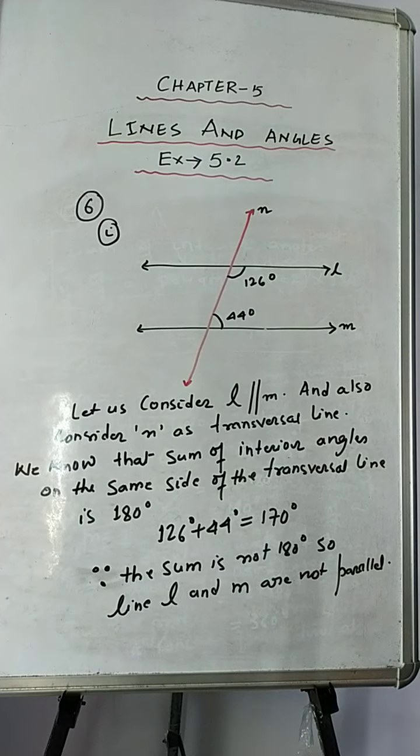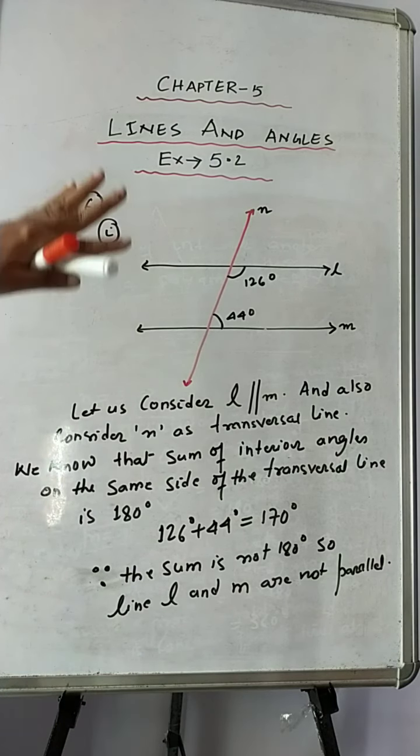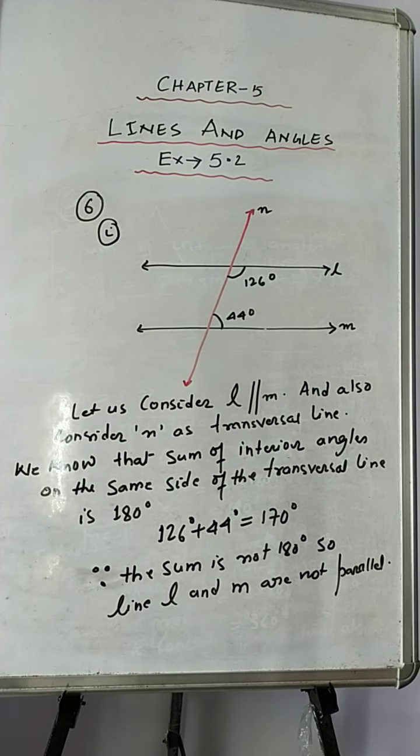Okay, so this is how you have to prove whether the 2 lines L and M are parallel or not. You just cannot write it just by seeing the figure. These shortcut methods will not work. Fine. So you have to write the detailed form.